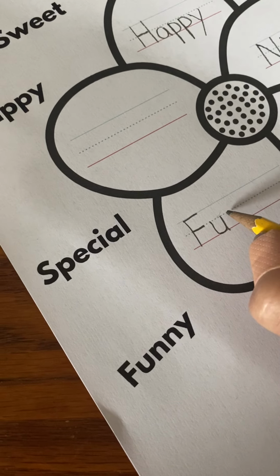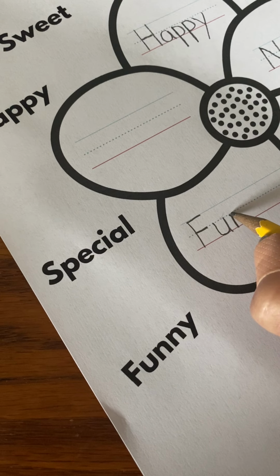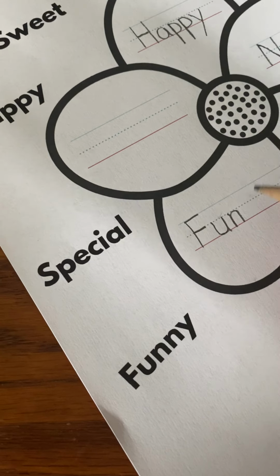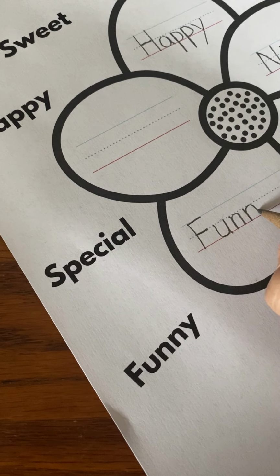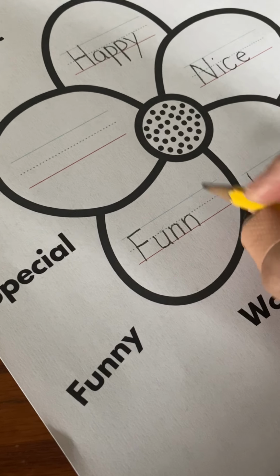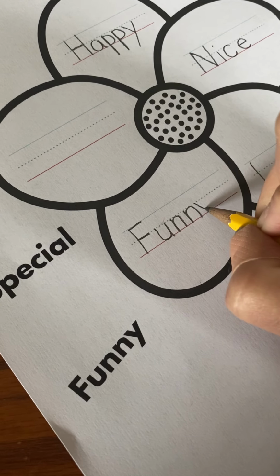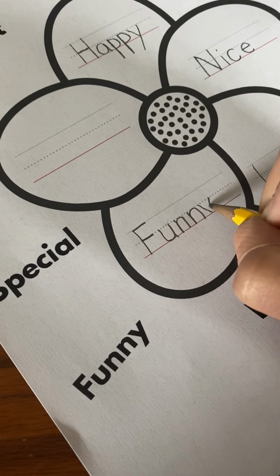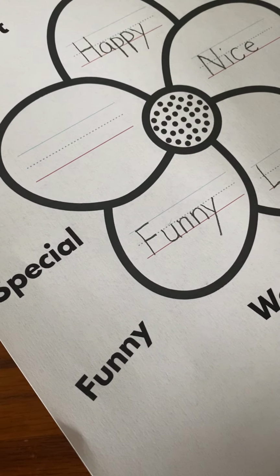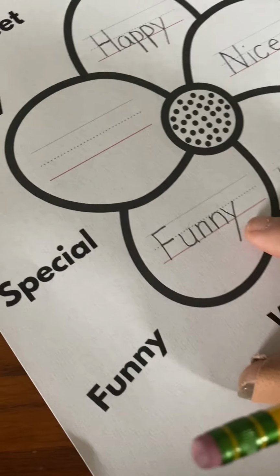U. An N starts at the midline, little line down, retrace, and make a bump. Little line down, retrace, and make a bump. And now we have Y. Little line on a diagonal, come back up to the midline, and make a little line, big line, on a diagonal. Funny.